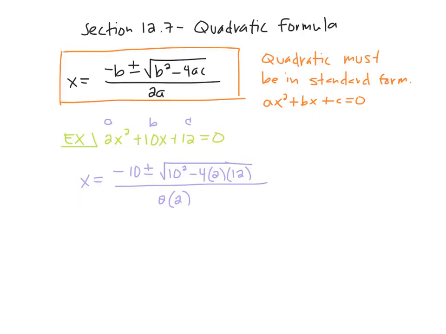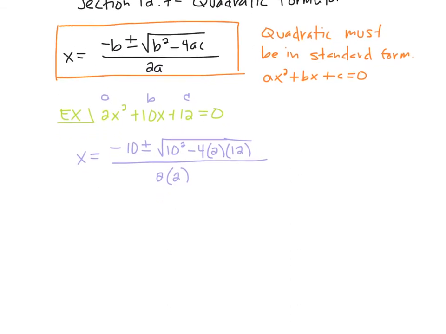Now I need to simplify this. So we get negative 10 plus or minus the square root, 10 squared, which is 100, minus 4 times 2 times 12. Well, I'm going to go 12 times 2 to give me 24, and then 24 times 4 to give me 96.